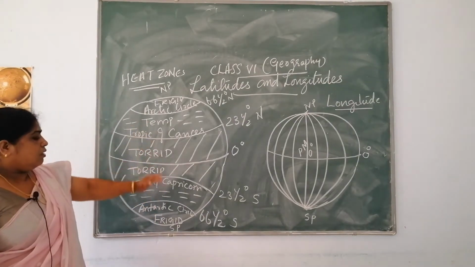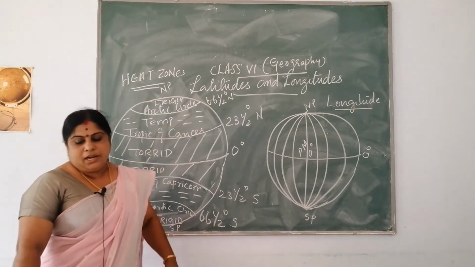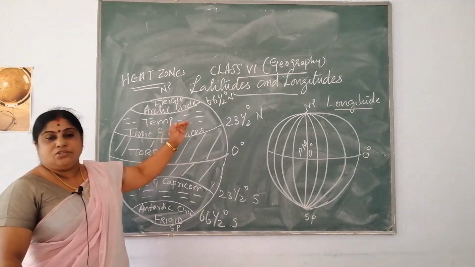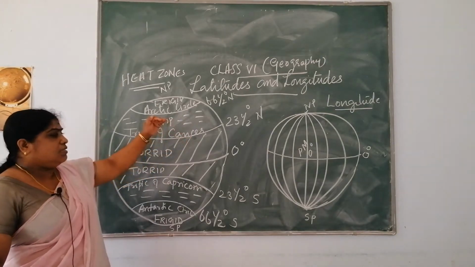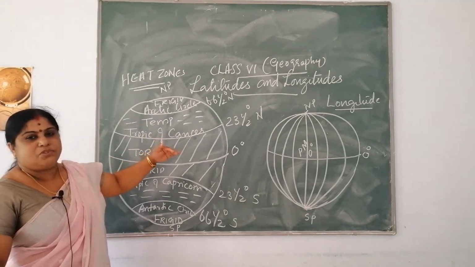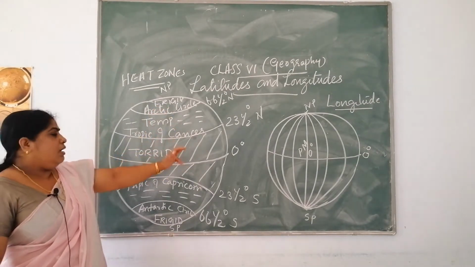These are the four important latitudes, and they have a great relation to heat zones. We have different types of climatic conditions mainly because of these latitudes.